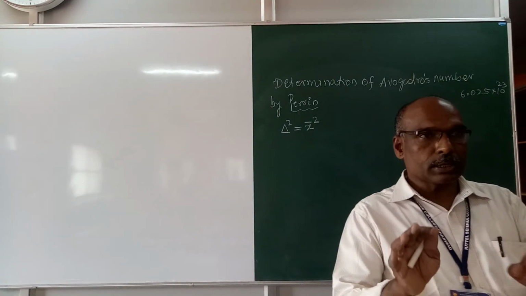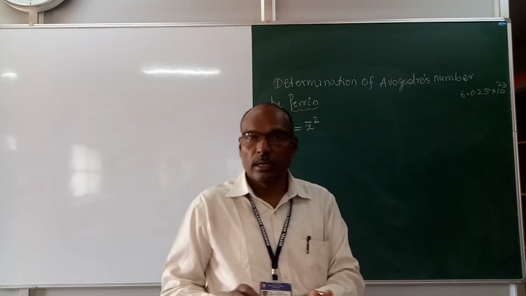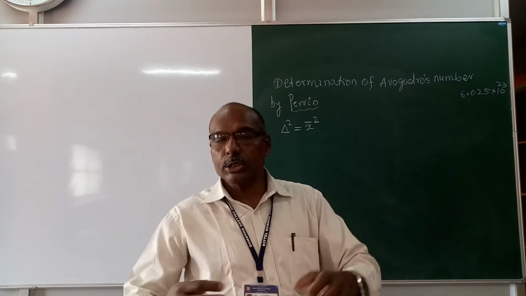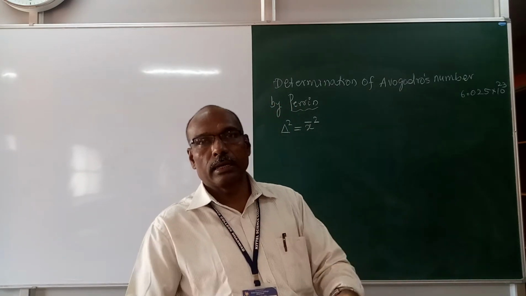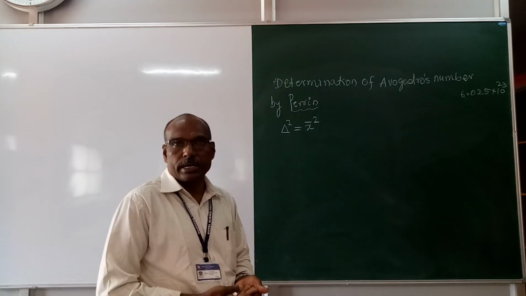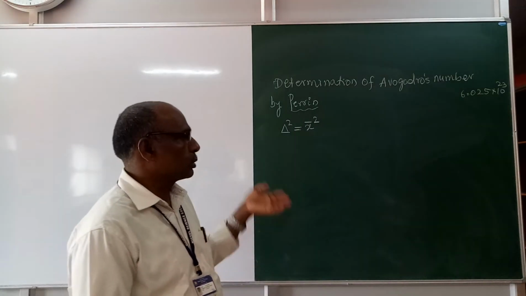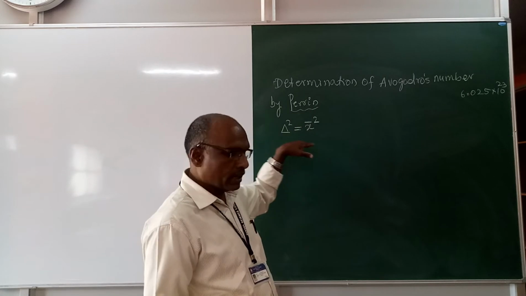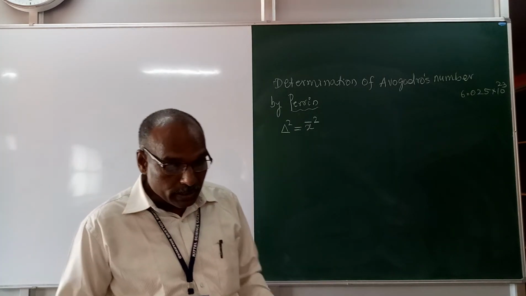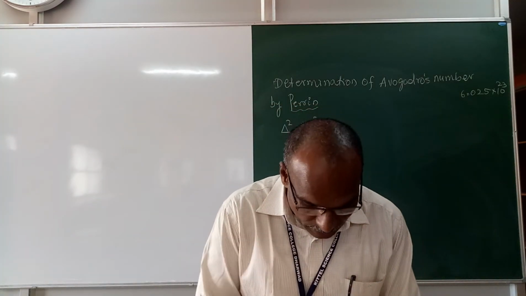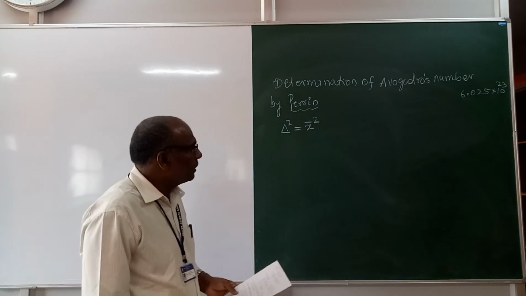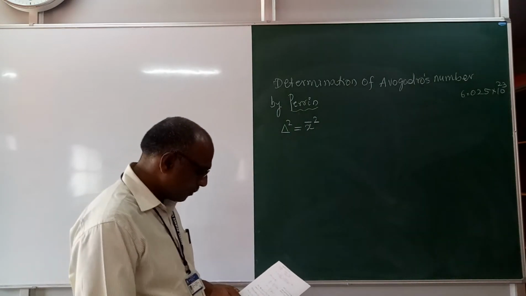The concept is Brownian motion, and Einstein applied the gas theory, that is kinetic theory of gases, to Brownian motion. He gave that expression. Perrin has verified it experimentally. What he has done, let's see.